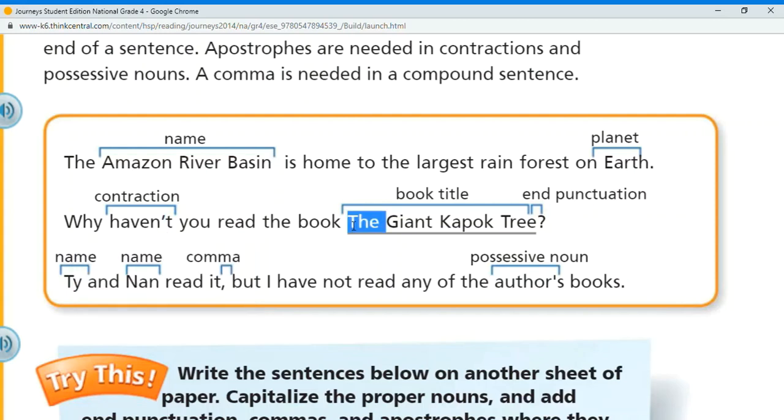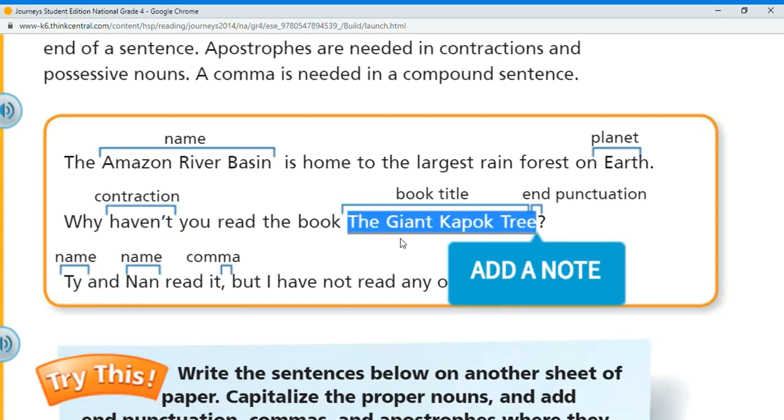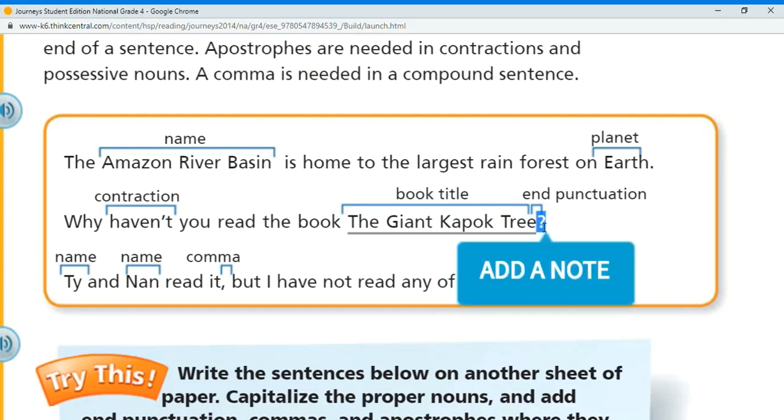The Giant Kapok Tree, here it's the book title, so that's why we capitalized the first letter of each word in the title. And here at the end of the sentence, guys, we've added a question mark because the kind of the sentence is interrogative, so that's why we need a question mark.